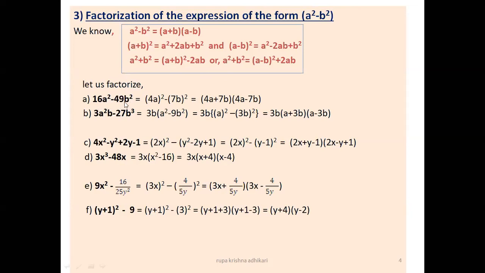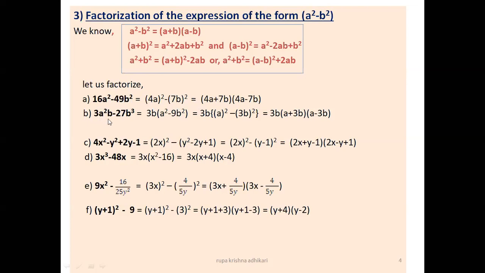This is in square form. 16 is a square number, a square is also a square. 49 is a square number, b square is also a square. So 16a square can be written as 4a whole square minus 49b square, 7b whole square. Now apply the formula, a square minus b square equals a plus b into a minus b. In place of a you have 4a, in place of b you have 7b. Therefore 4a plus 7b into 4a minus 7b.